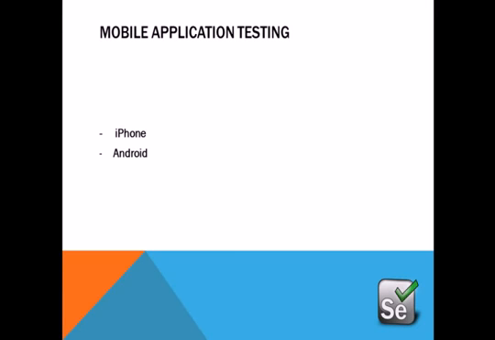And when I talk about mobile application testing, the two native operating systems coming to us are iPhone and Android. Selenium 2 has a testing mechanism for both of them right now, and today my demo is going to be on Android and Selenium.